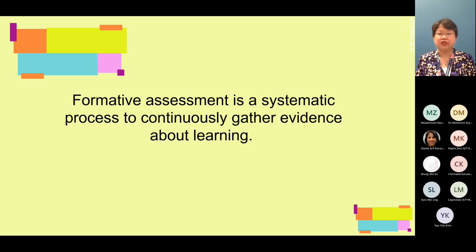Sometimes our lecture could be 3 hours on one big topic, and in this one big topic there could be a few subtopics. So after you have finished one subtopic, you can give them a pop quiz or ask them some questions to test the understanding of the subtopic. It's done systematically because you know when to slot in these formative assessments.